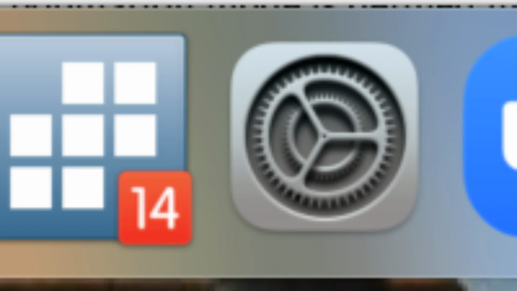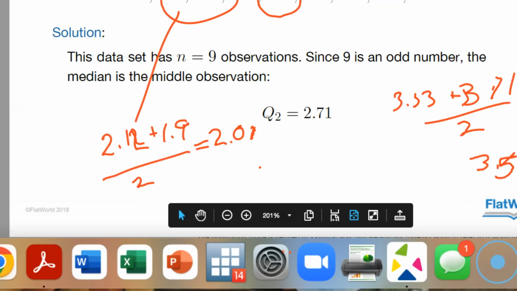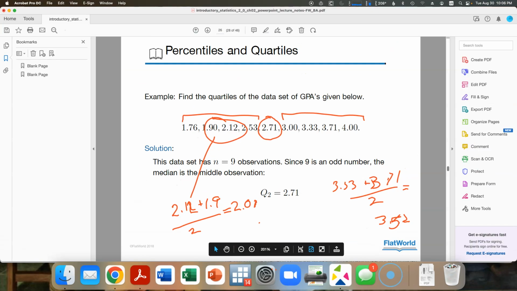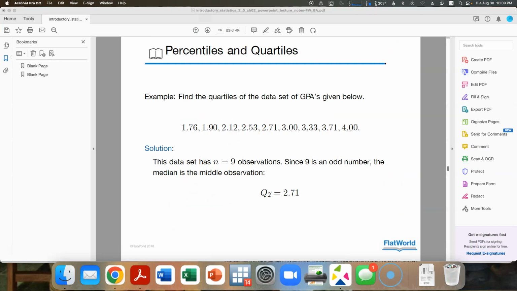Okay, so let's... 2.01 and 3.52. And 3.52.